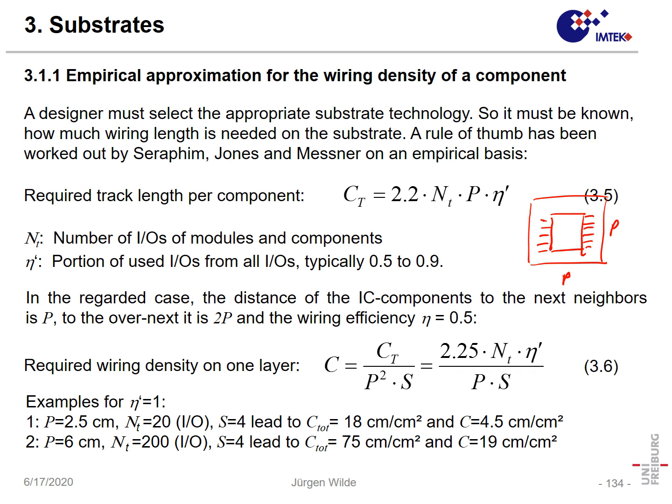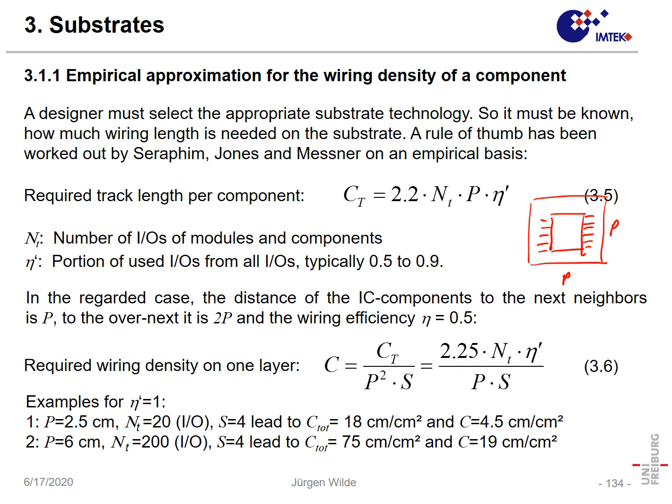And in that way, we can also compute the required wiring density of one layer. And again, that wiring density is the total track length per component divided by the area, divided by the number of layers.